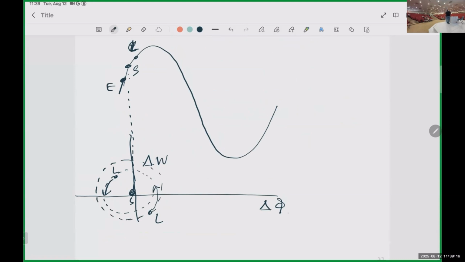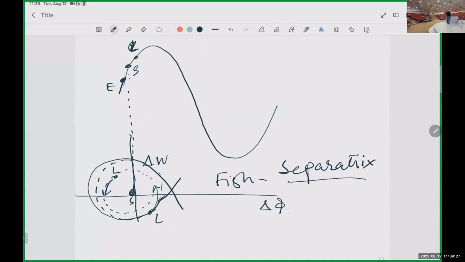Okay, this will make a boundary which we call a fish or a separatrix. The separatrix is basically a phase space potential well, which gives us a flavor of how particles move in phase when they are subjected to different magnitudes of the electric field. So this is basically called the separatrix.